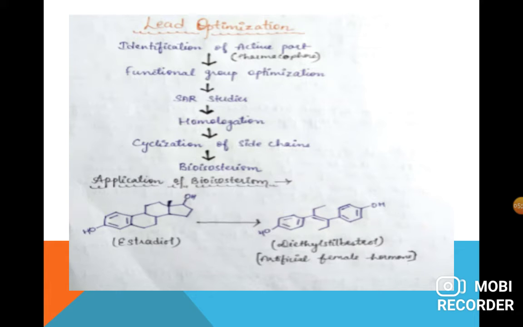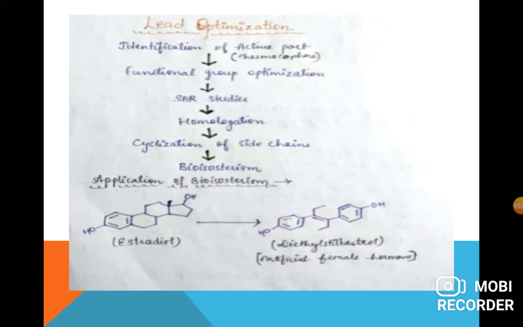So the stages of lead optimization: the first one is identification of the active part, that is pharmacophore identification. Second one is functional group optimization. Suppose we isolate a pharmacophore, benzene. After isolating the benzene, we can optimize the functional group with toluene, hydroxybenzene, or bromobenzene.